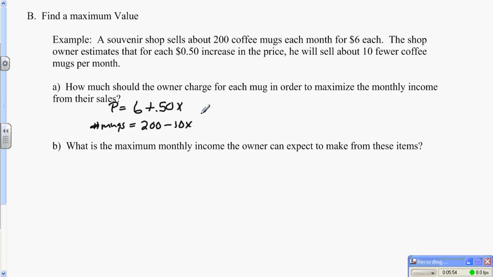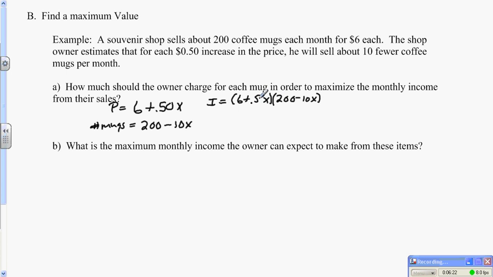Now, income, or money that you make, or sales, I'll just say income, is going to be equal to 6 plus 0.5x, I'll write 0.5 instead of 0.50, the price of the mug times the number of mugs. That will be the total income.